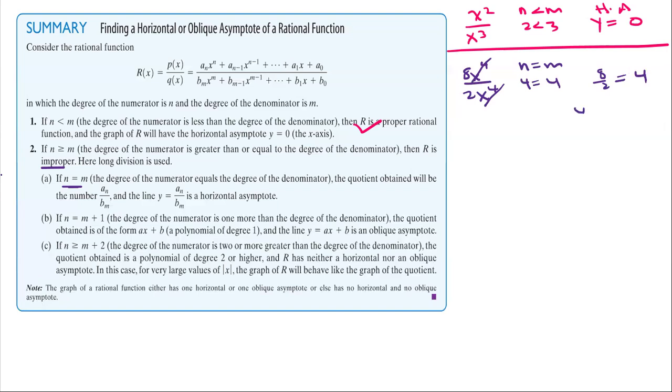And that means our horizontal asymptote will be at y is equal to 4. That's the Cliff's version of what this is saying. And that's all we do on that part. Okay? So that's check.